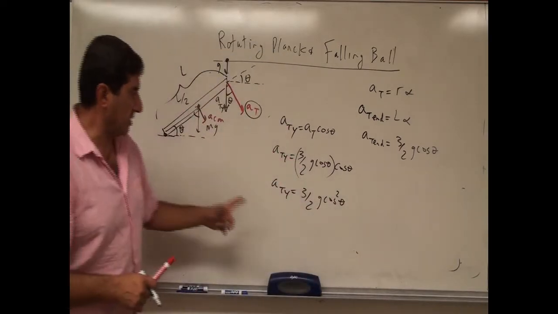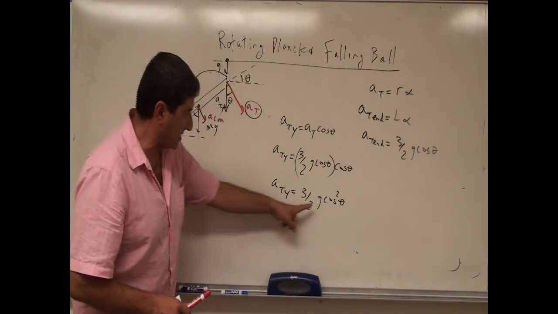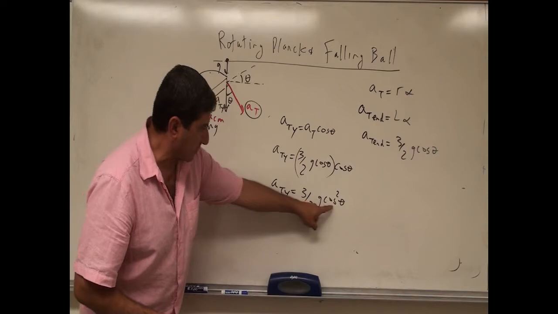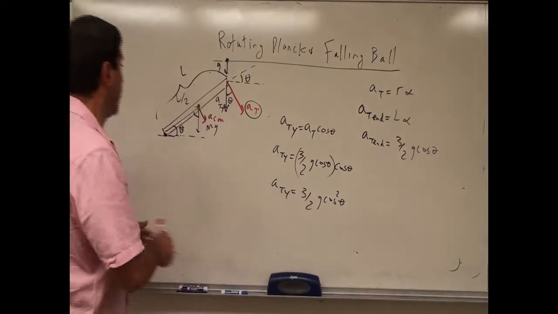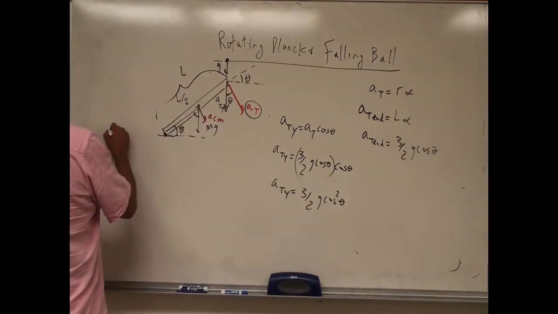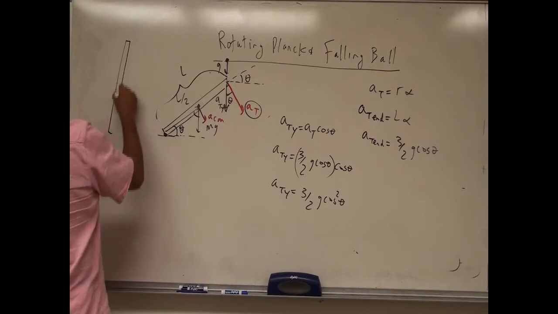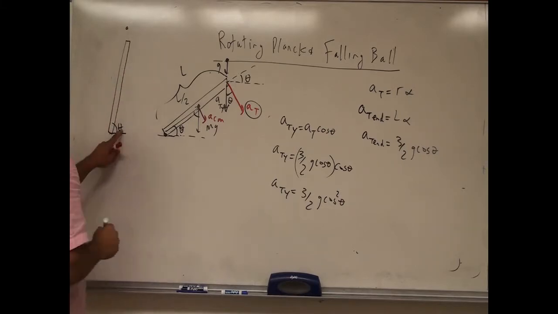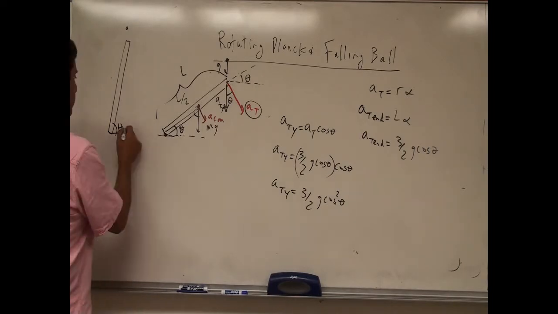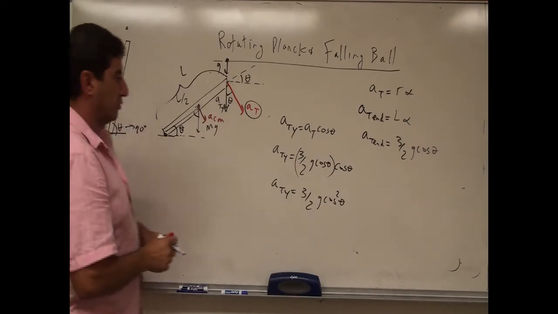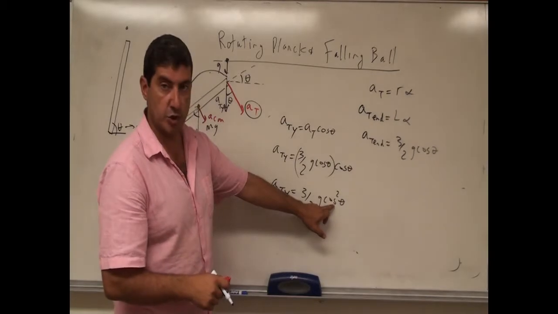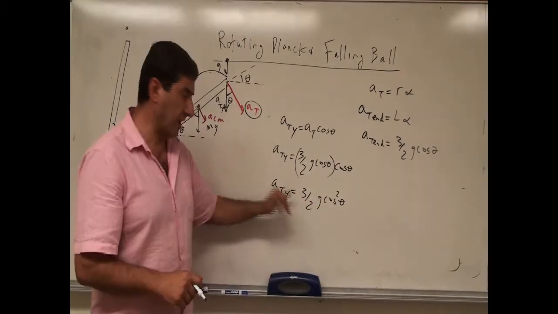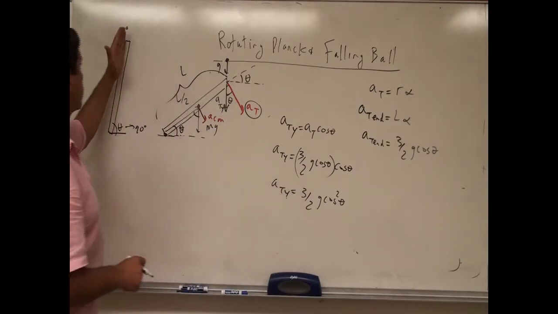So what that is telling us is that the y component of the tangential acceleration depends on the cosine squared. If I were to release this from a very steep angle, as the angle is approaching 90, what's happening to the cosine of 90? Cosine is getting less and less and less, right? The y component of the tangential acceleration is going to be small.